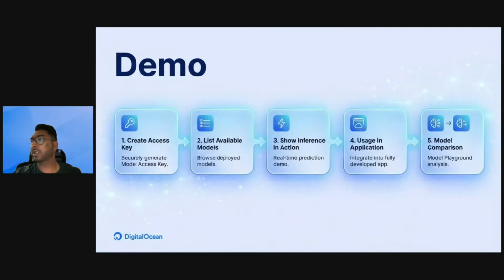Let's see what other things we'll cover in the demo. So everything that we have talked about, first we will create an access key. We will go to the DigitalOcean console, and from there we will create an access key. Once we have created the access key, we will use one of the endpoints, which is v1/models, where we will see all the models listed.